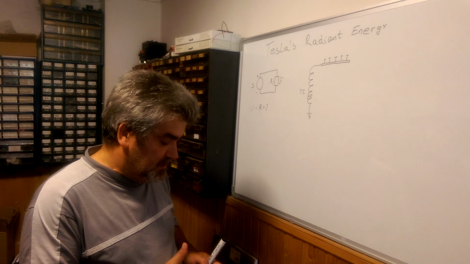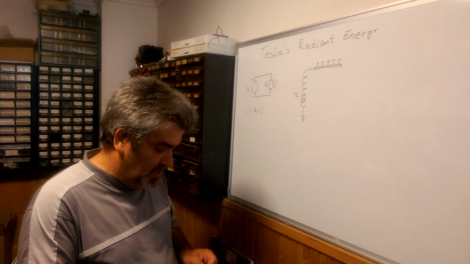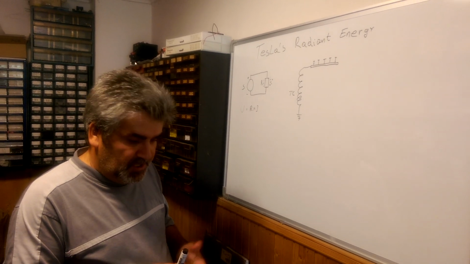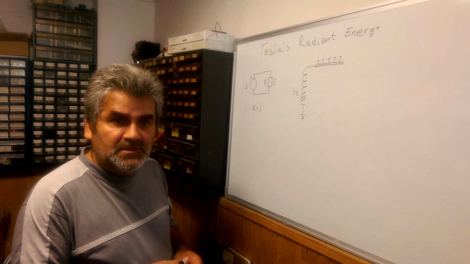When he was doing that, other things would come to the surface. So he used this very simple principle during his work with Tesla coils and with the Tesla turbine.